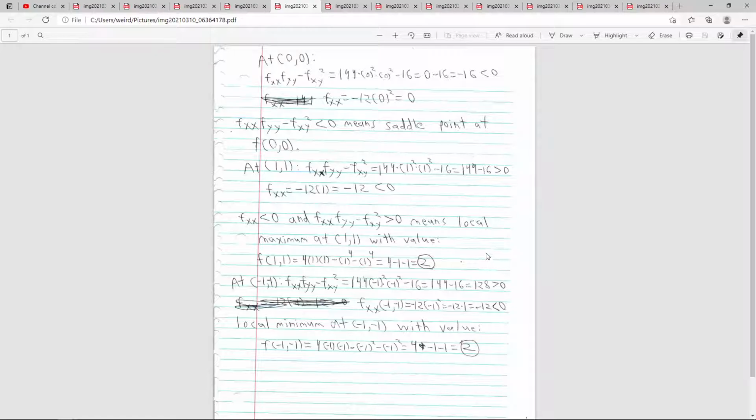And those each could be local minimum or maximum. So yeah, I'm surprised it only has this many points. But that concludes that pretty much. Remember, this should be a maximum, so both critical points give you a local maximum, and you have a saddle point for that one.